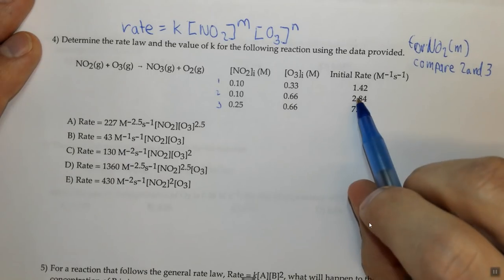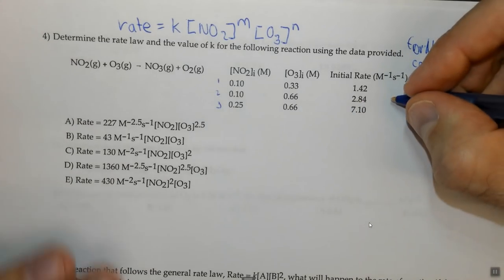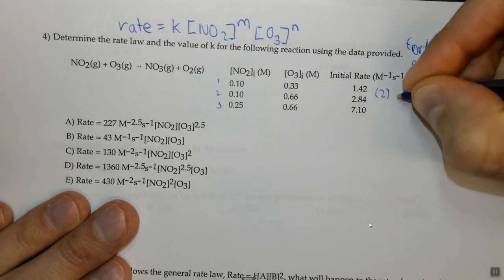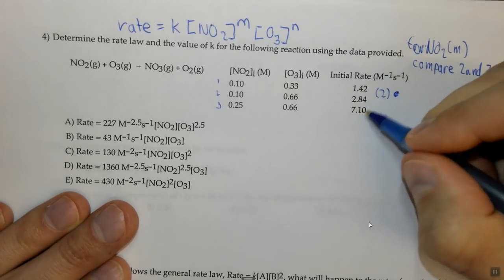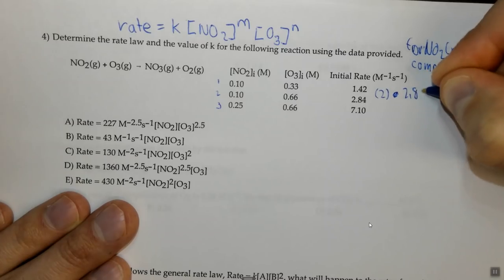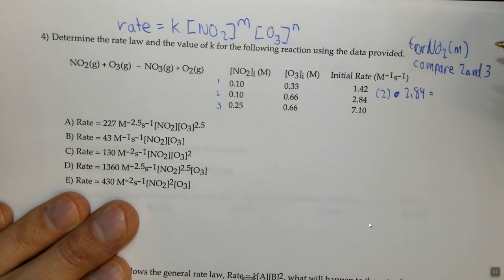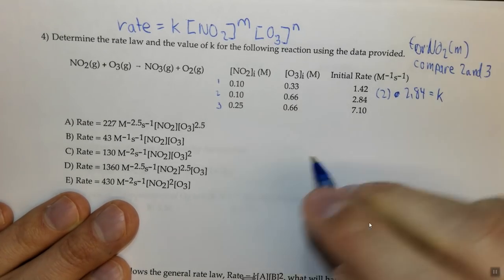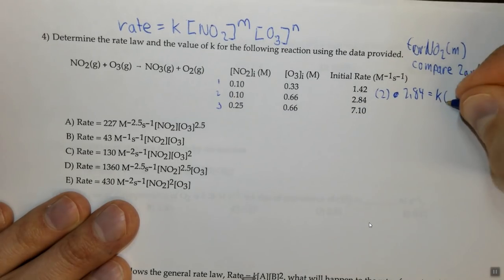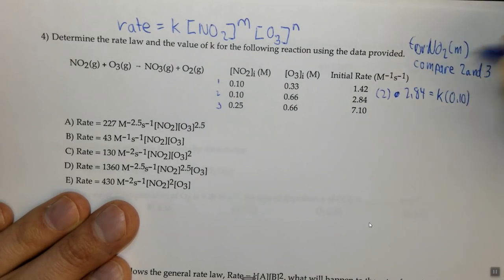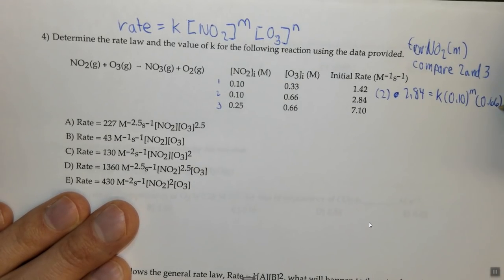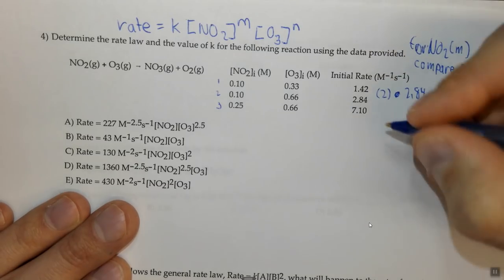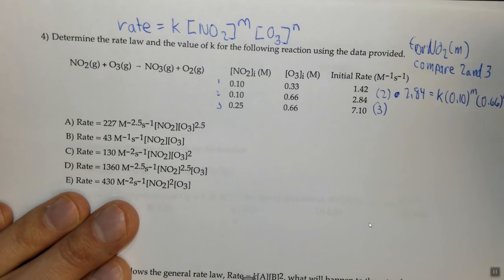So the rate is given. I'm going to do 2 first. Here's 2. The rate, 2.84, equals K, the concentration of NO2, which is 0.10, to the M, which I don't know, and the concentration of O3, 0.66, to the N. For reaction 3, I want to do the same thing.